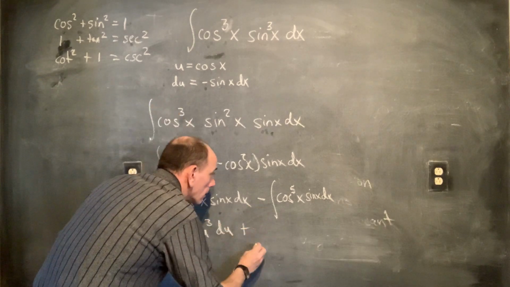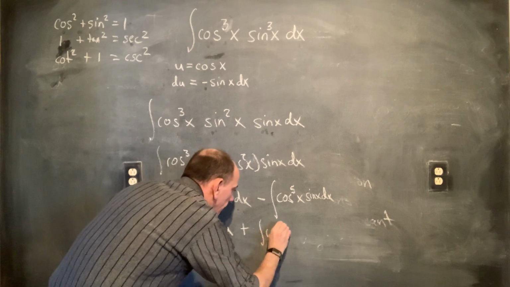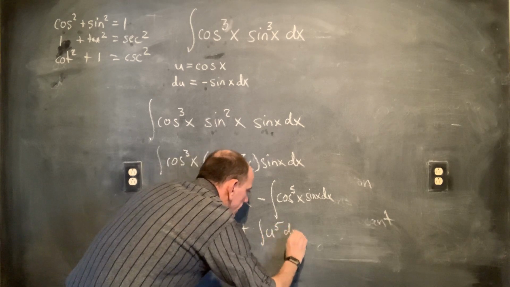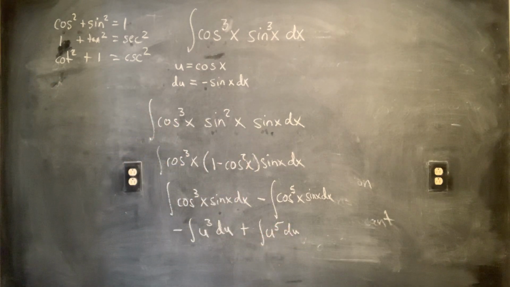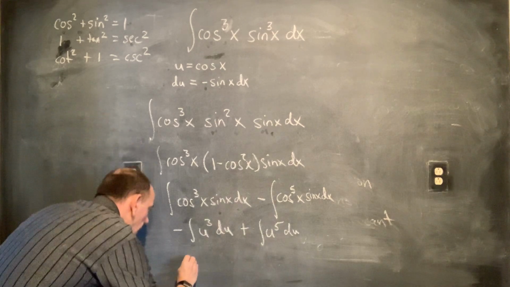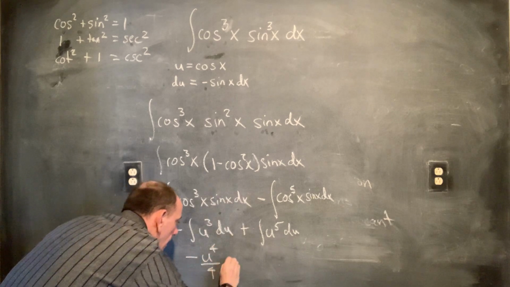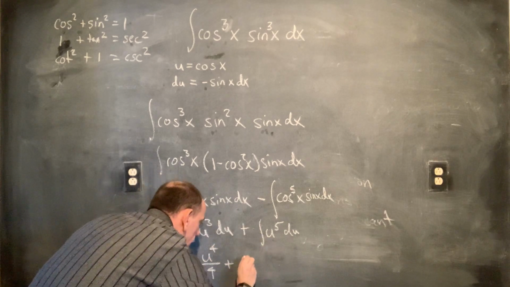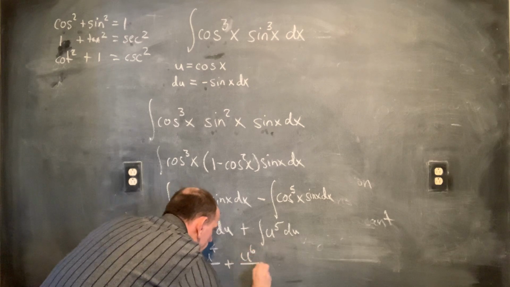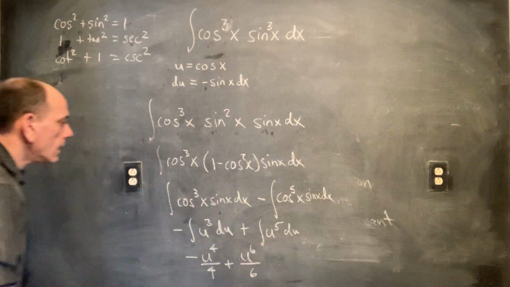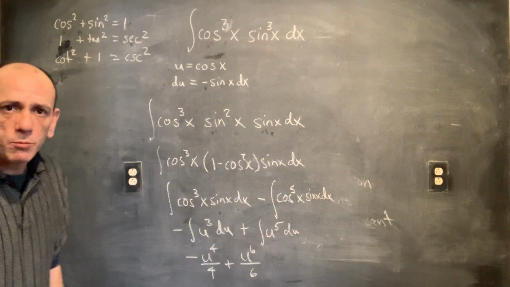plus integral u to the 5th du gives me negative u to the 4th over 4 plus u to the 6th over 6. And all we need to do now is back sub.